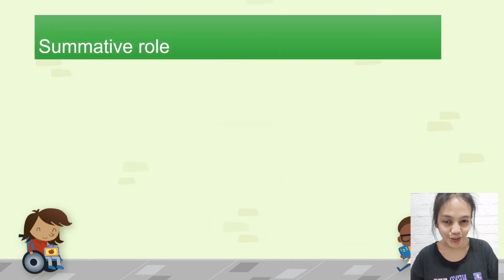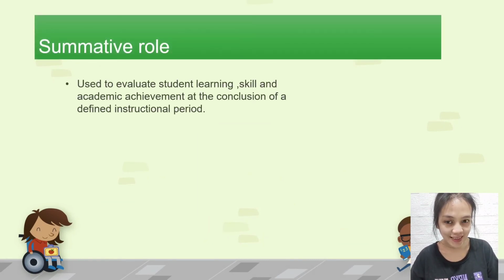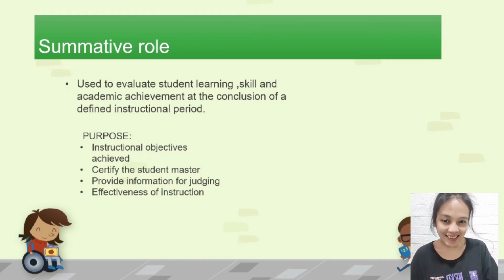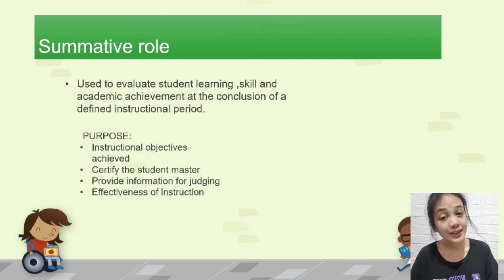Summative role is used to evaluate student learning, skill acquisition, and academic achievement at the conclusion of a defined instructional period, typically at the end of a project or school year. As I've said, this type of assessment is usually given at the end of a course unit.